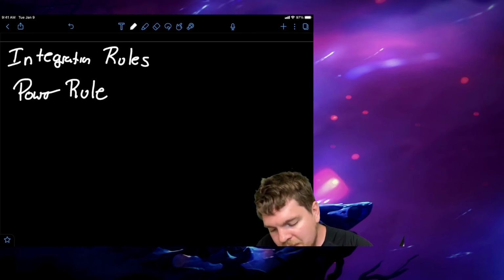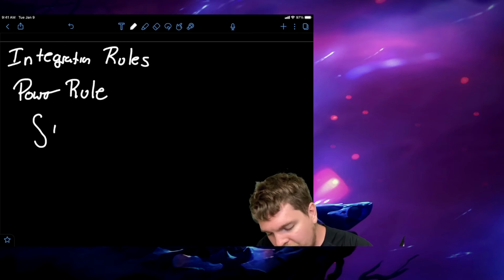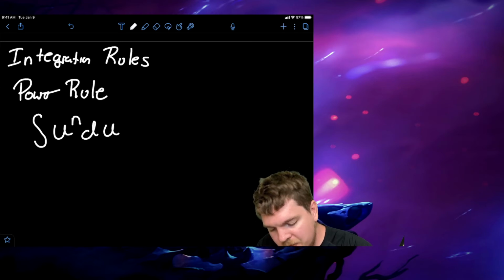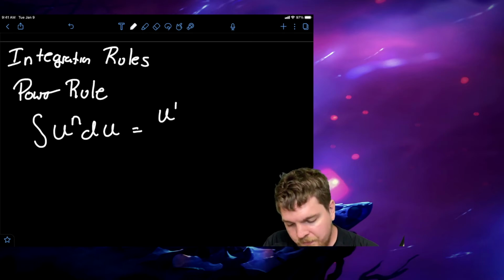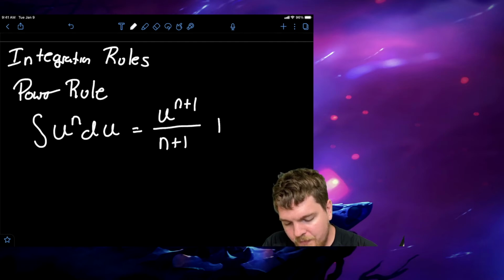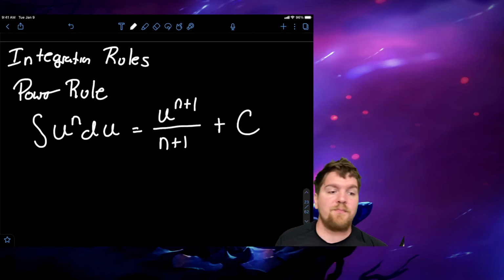But it might be presented to you in this type of form. So you might be asked to integrate u to some power n with respect to u. And as long as n is not equal to -1, this is going to be equal to u to the n plus 1 divided by n plus 1, plus some constant of integration c.